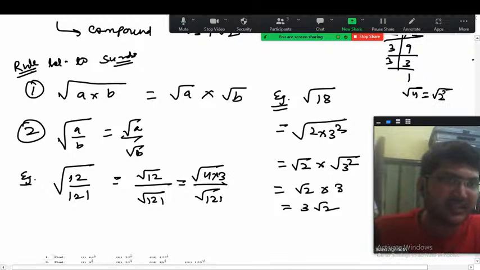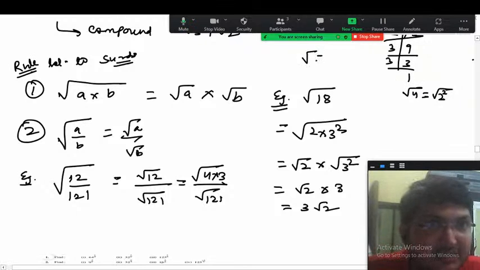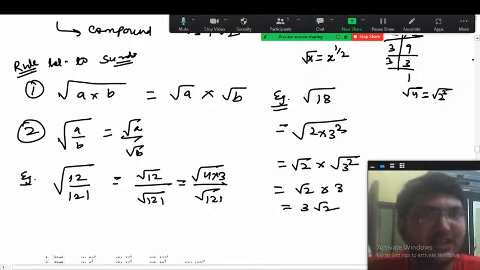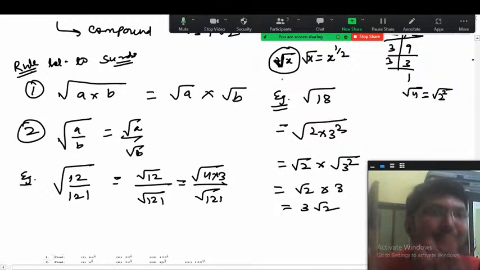If something is written as 2 raised to the power 2, then what can you do? I'm just telling you one more thing. This surd means the power is 1 by 2. If I'm taking the surd of x, that means the power is 1 by 2. If I'm writing root x, it simply means 2 is written here. If I'm not writing 2 in this portion, that also means 2 is written.